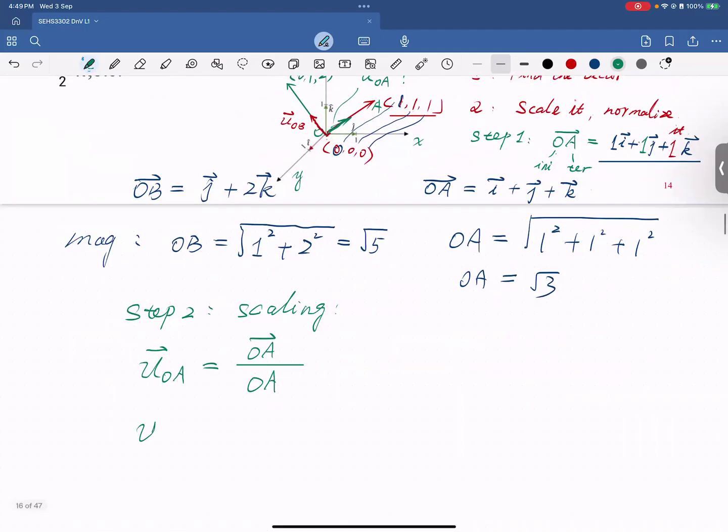And the unit vector of OB is the vector OB over its magnitude. For every vector, you can use the same rule. Not only 3D, 4D, 5D, just as long as in a linear space.